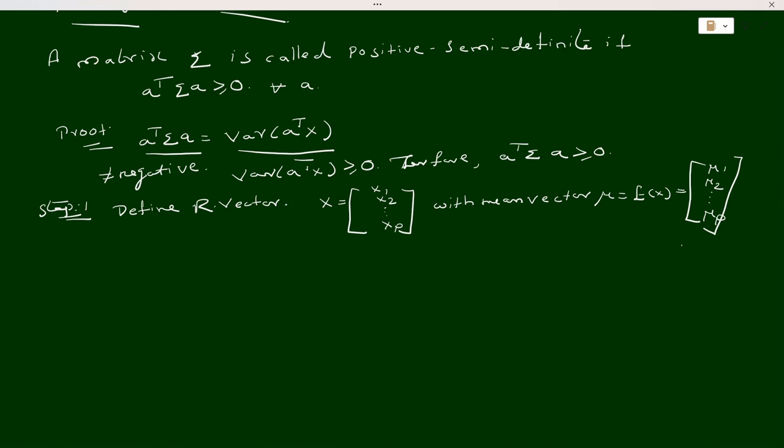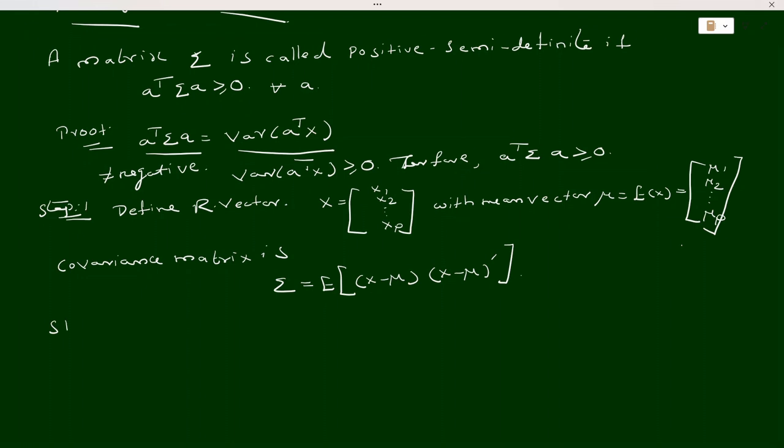So therefore the covariance matrix, capital sigma, is the expectation of X minus mu into X minus mu dash, that is, transpose.